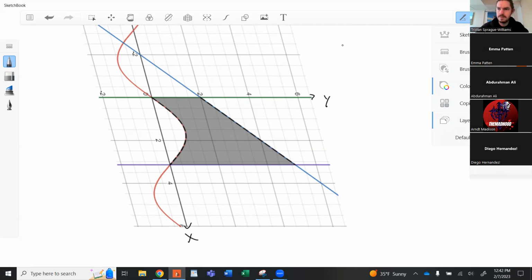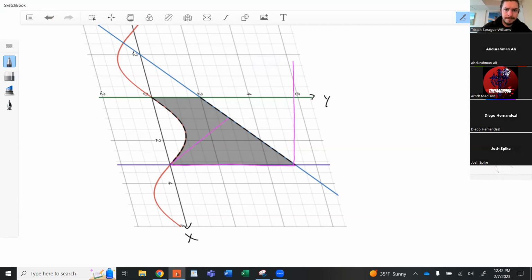I'll put myself on a new layer here and pick a nice color, pink. Let's do 45, 45, 90 triangles in that direction, like that. So there's our three-dimensional solid.